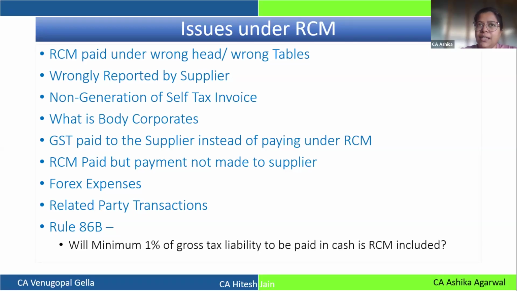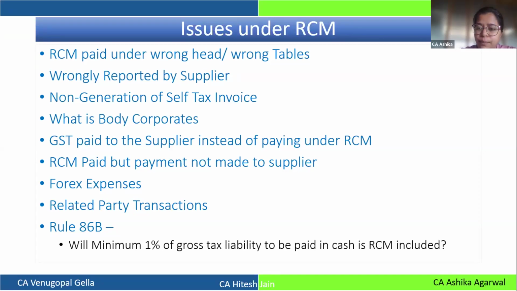If this type of error has happened and you have identified it immediately, you can rectify that reporting in the subsequent month. If that is not possible, then the only thing left is your GSTR 9 and 9C. So while filing your 9 and 9C, just make sure you correctly report your RCM ITC or RCM liability if you have made any error.